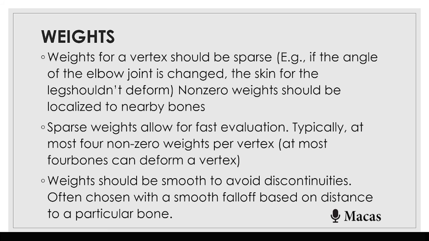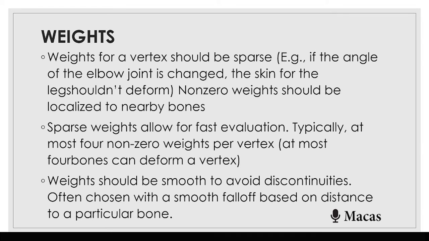Next po ay weights. Weights for a vertex should be sparse. Non-zero weights should be localized to nearby bones. Ayun nga po, kaya po siya should be sparse kasi po para pag kunyari po yung elbow joint ay nagpalit ng angle, yung skin po nung hindi nakakabit sa bone na yon ay hindi po magde-deform.